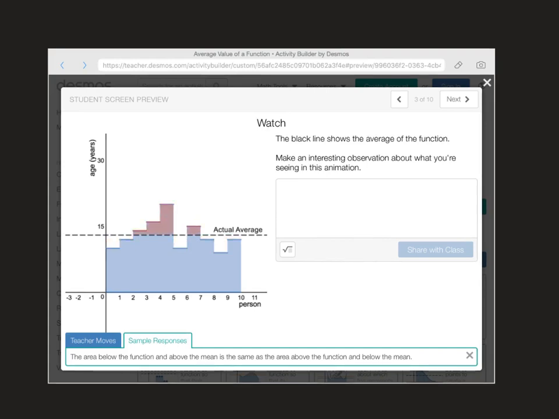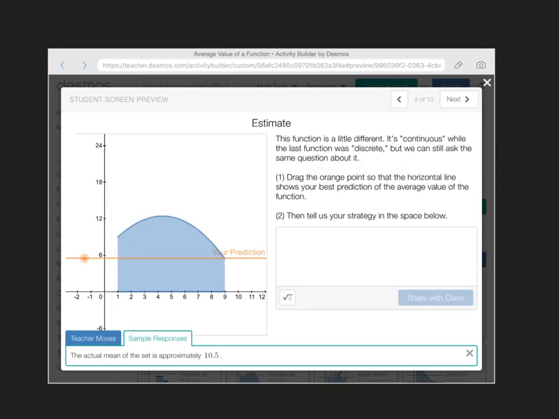So I'm going to just skip back once more, and I want you to have a look at this particular function here. If you had to predict where the average value would be, by moving this particular line up, where would you put it? What do you think the average value would be? Somewhere around here? Around about 10.5? What about this next one?